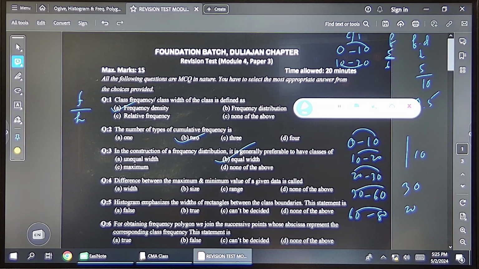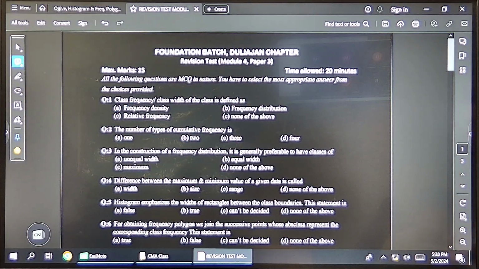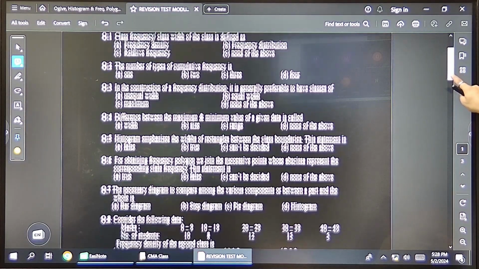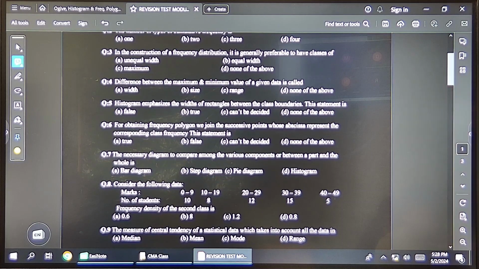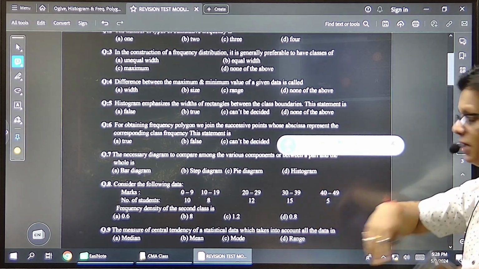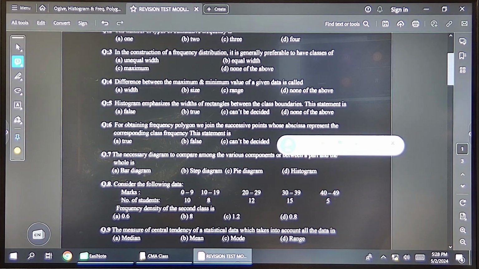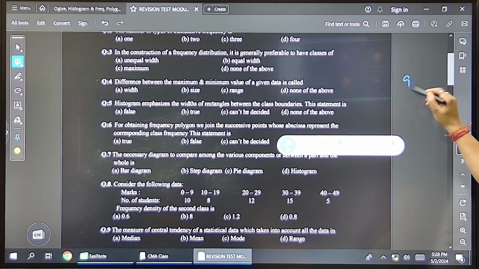Important, easy. Look at number 4. The difference between the maximum and minimum value of a given data is called, what did you write? Range, yes. Suppose the highest mark in this paper 3 is, out of 198, somebody got the highest, and the lowest mark is 2.